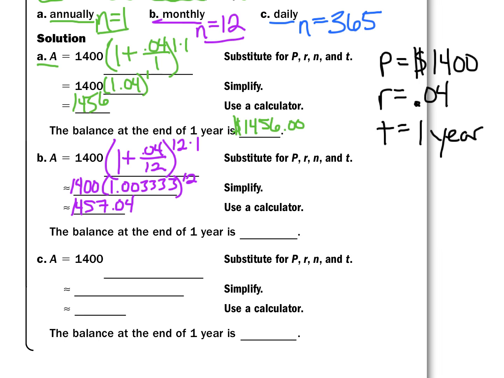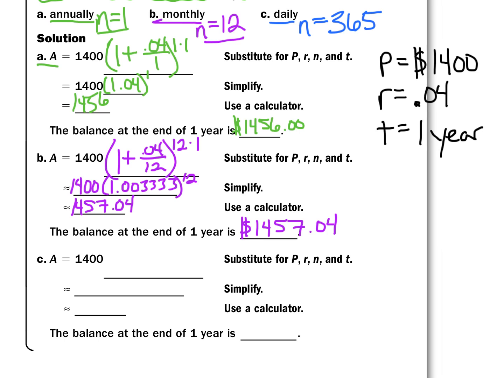It's actually 0.038, which rounds up to 0.04. So my total in the account is $1,457 and 4 cents. Okay, so it went up a little bit, compounding it every month instead of every year, but only by about $1.04.